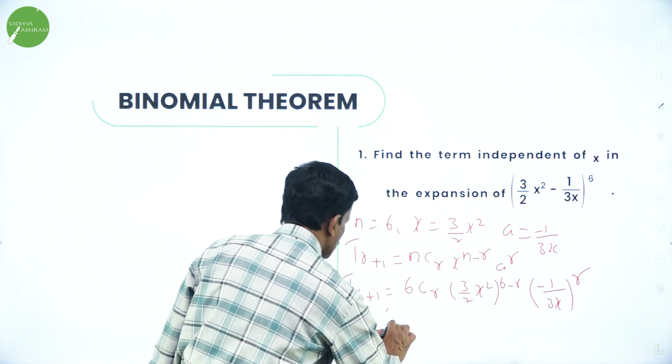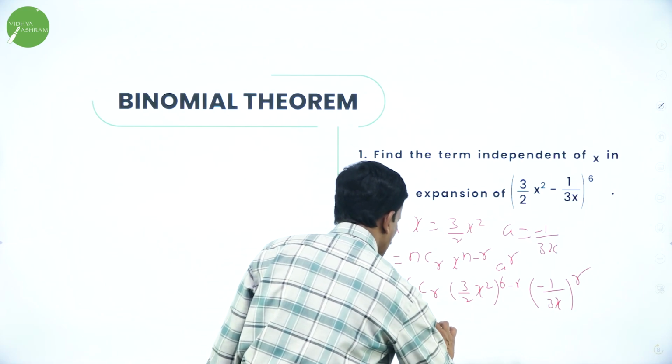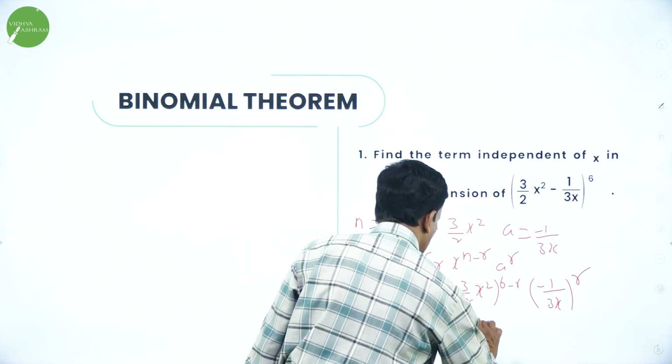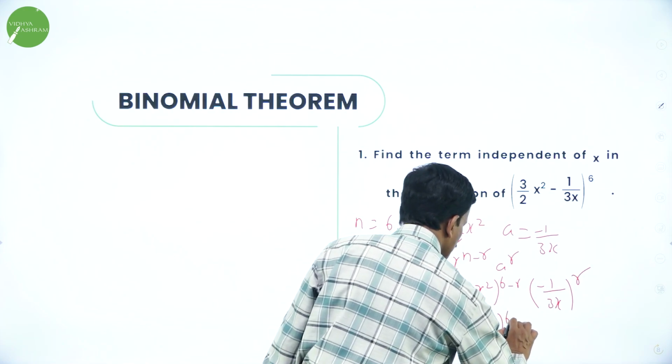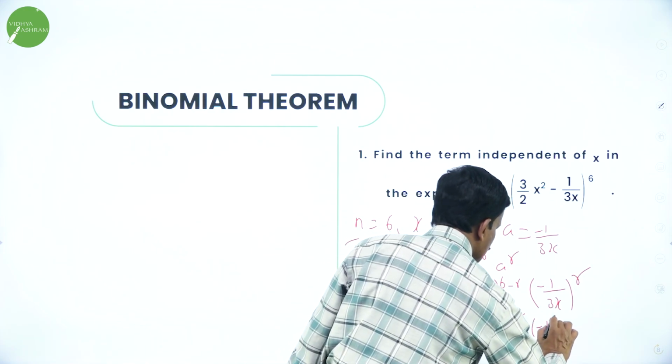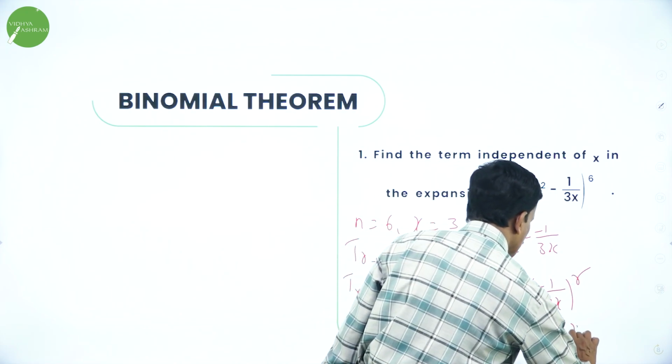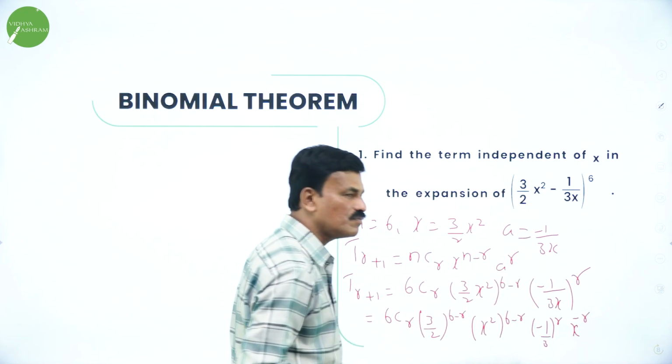So this can be written as 6Cr, and this is (3/2) to the power of 6 minus r, and (x square) to the power of 6 minus r, times (minus 1/3) to the power of r. Just take the x to the numerator, this becomes x to the power of minus r.